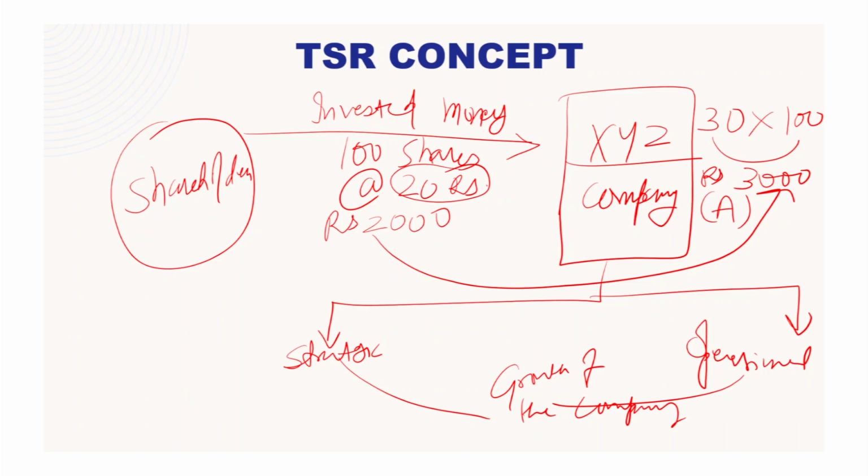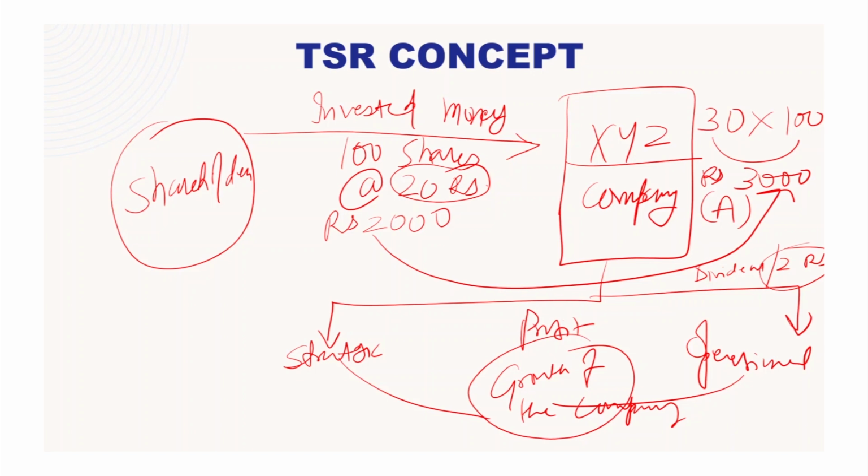Suppose the company is growing and getting profit, and has announced a dividend of 2 rupees per share. So, out of 20 rupees the company has announced a dividend of 10%.